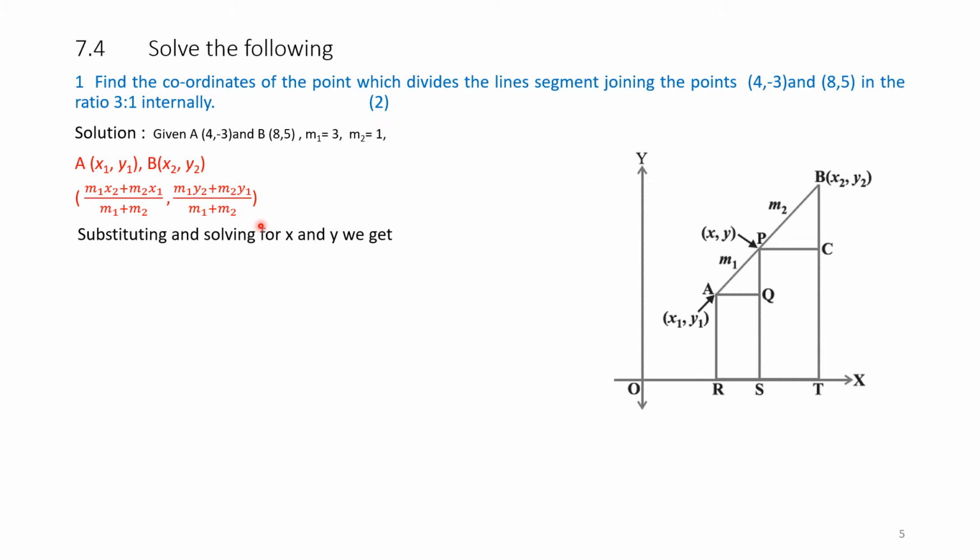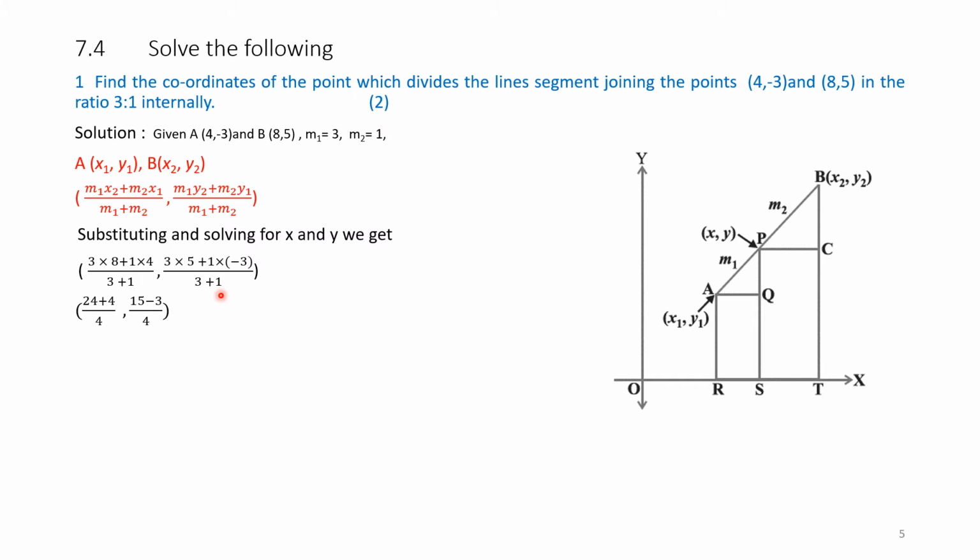Therefore, substituting and solving for x and y, let us substitute. m1 is 3, x2 is 8 and m2 is 1 and x1 is 4, divided by 3 plus 1, comma, and the y coordinates are 3 into 5 plus 1 into minus 3, divided by 3 plus 1.